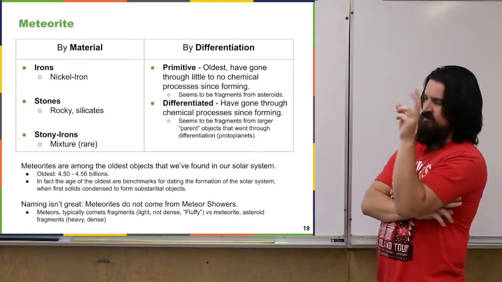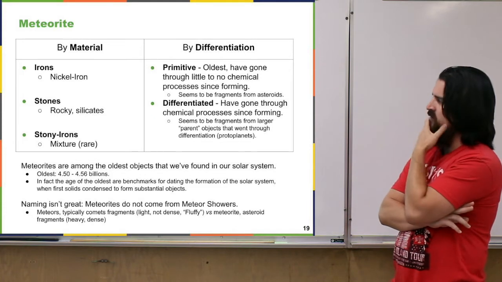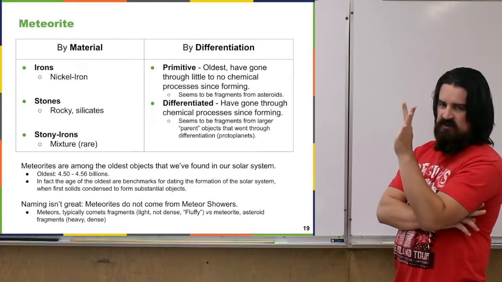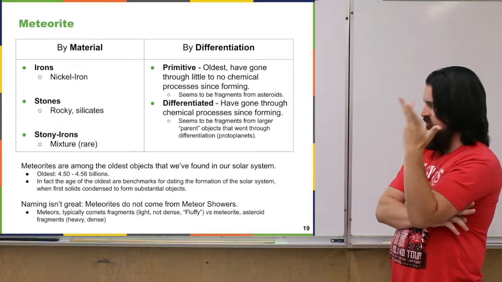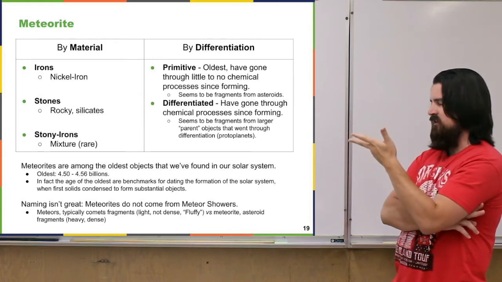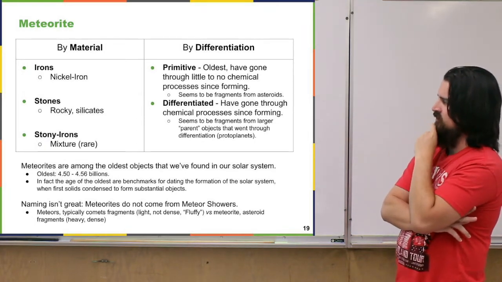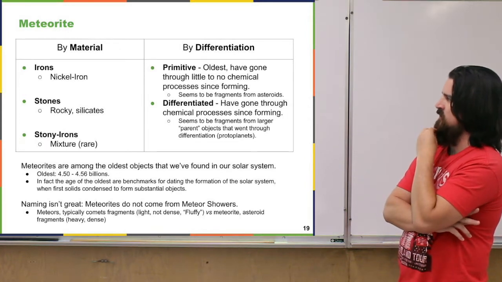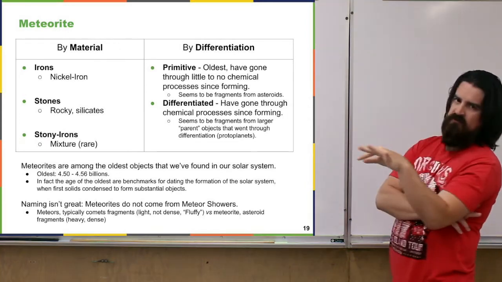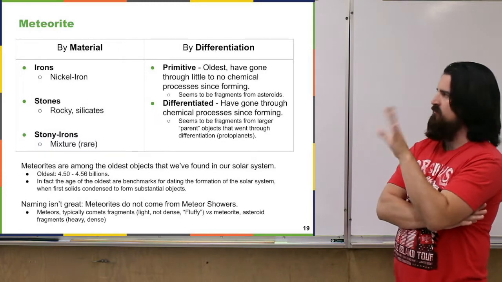Besides the irons, you have the stones, or stony meteorites. As the name suggests, it's mostly rock, silicates. And then finally, there's the mixture of the two, the stony irons. Those, however, apparently are quite rare in terms of meteorites. So that's one way of classifying, by the kind of stuff they are, the material.